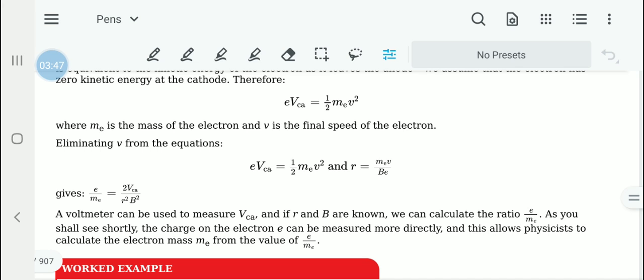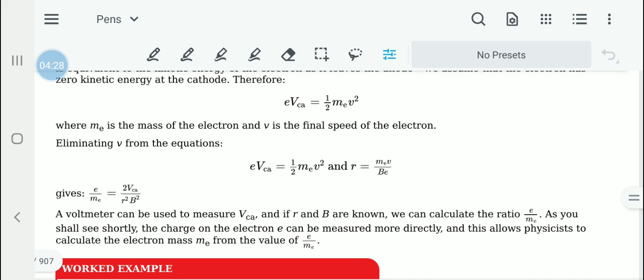So from this relationship, e upon me equals 2VCA divided by R squared B squared, which is the final equivalent for the charge to mass ratio, e upon me. This allowed scientists to figure out the mass me of an electron.